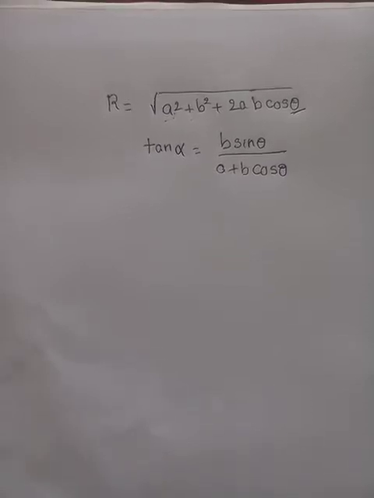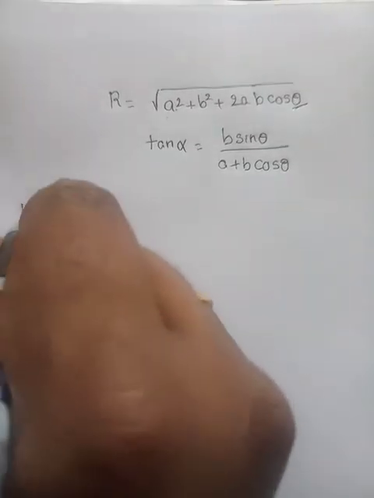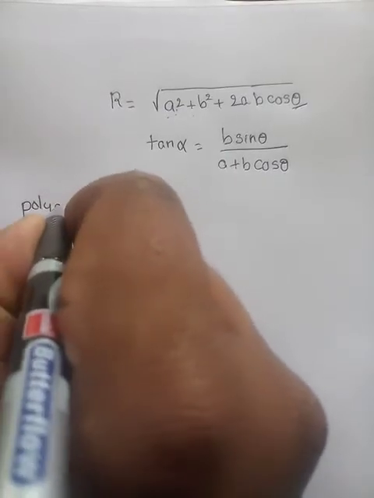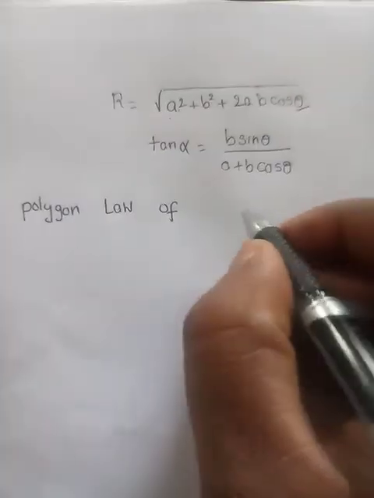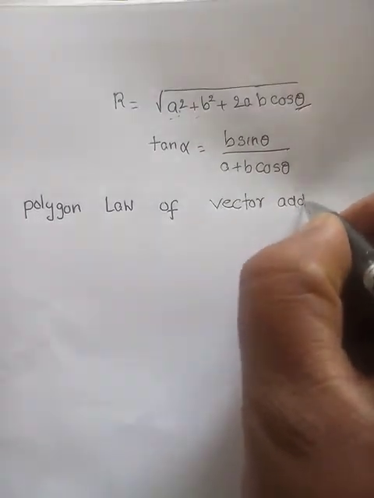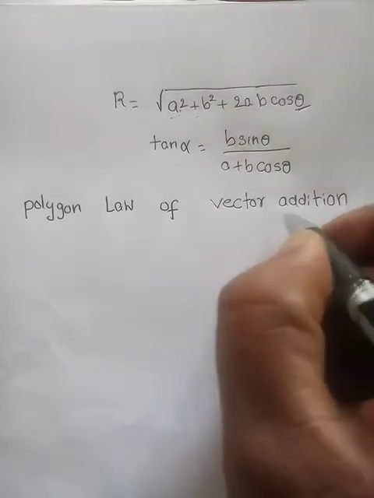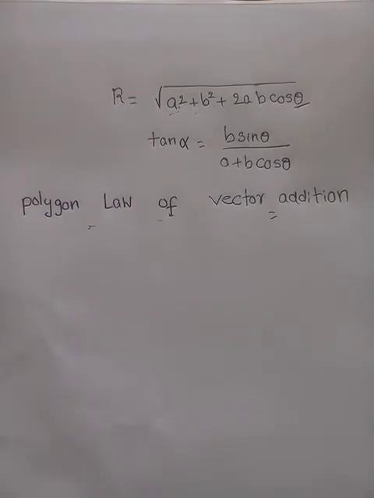What is that? That is called the polygon law of vector addition. What does it say? Polygon means any regular shape having more than four sides.